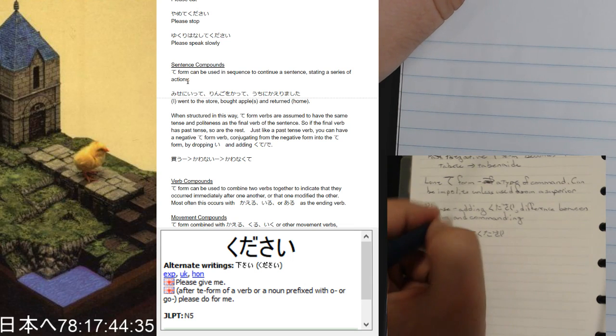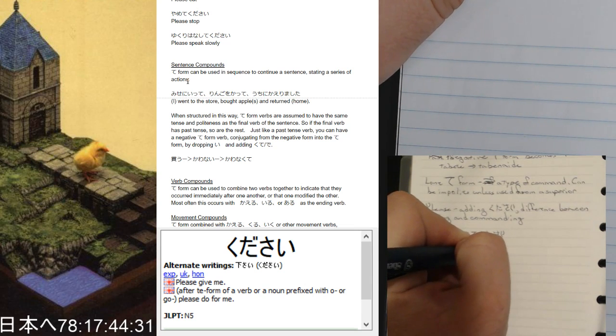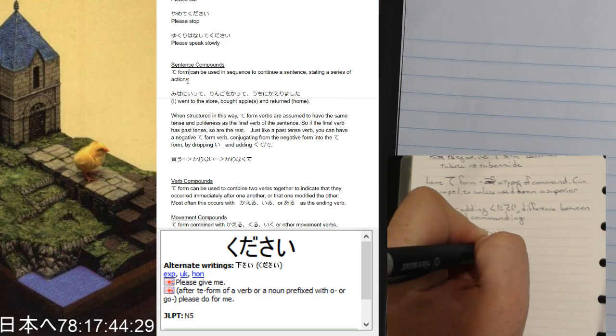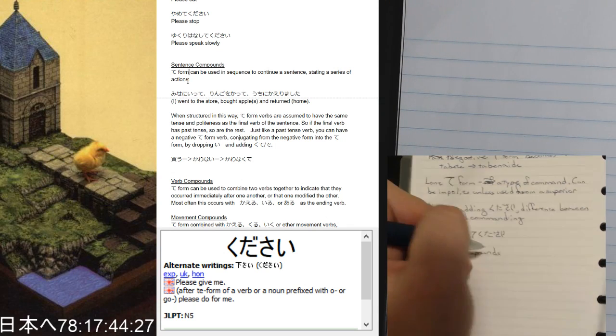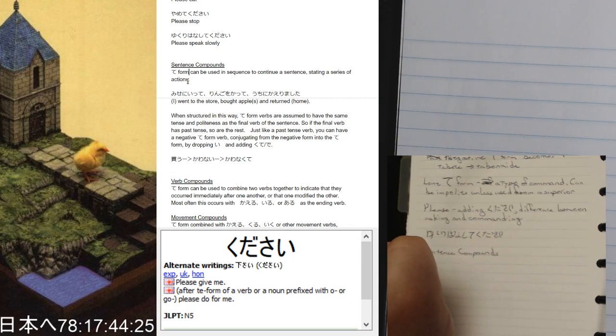Or at least present or past tense. Usually past tense if you're going to string a whole bunch of verbs together. So the example I have here is Mise ni itte ringo o katte uchi ni kairimashita.